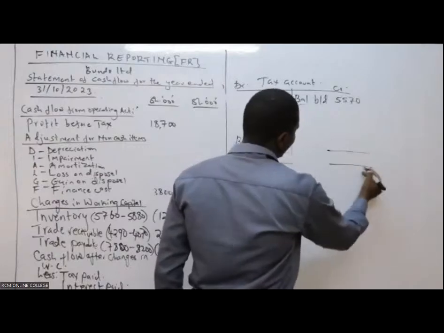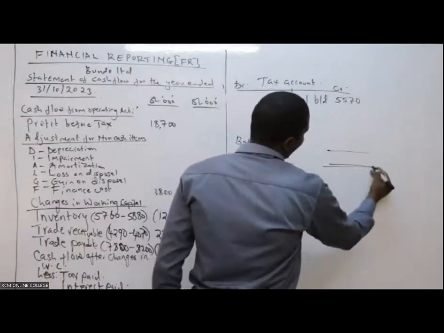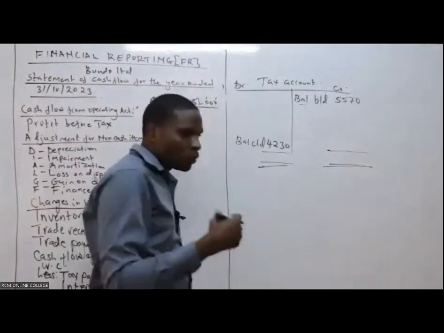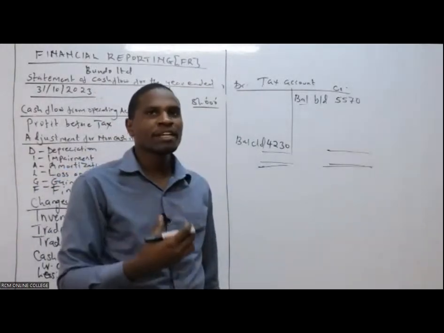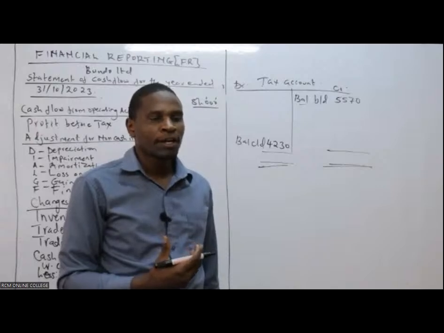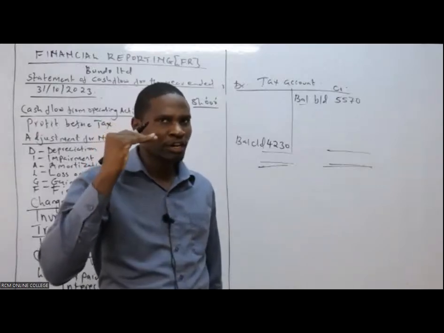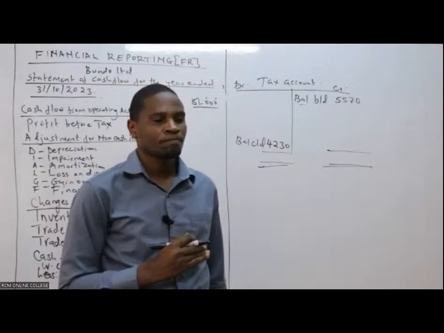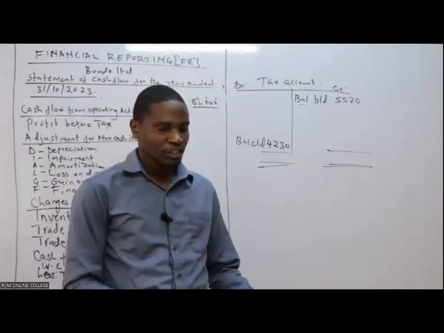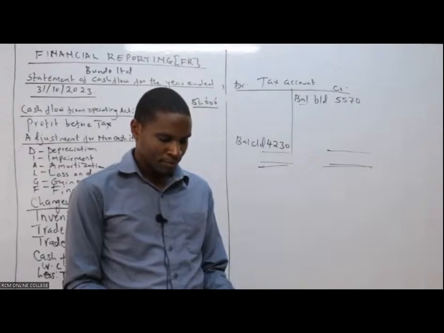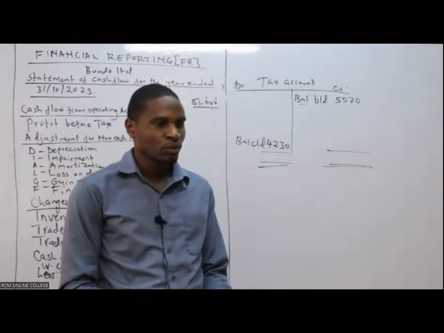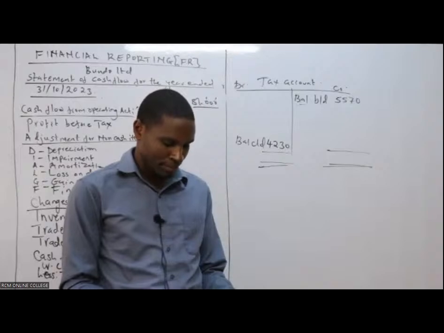It should not. Now, I want you to guide me. If you look at the provided income statement, can you see tax somewhere? Just check the income statement. Kuna tax walilipa? Ukiona niambie na ni ngapi?